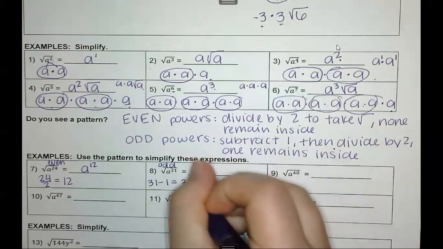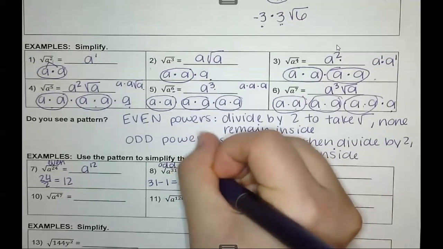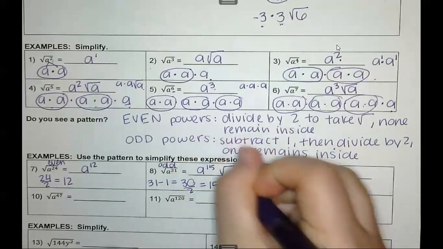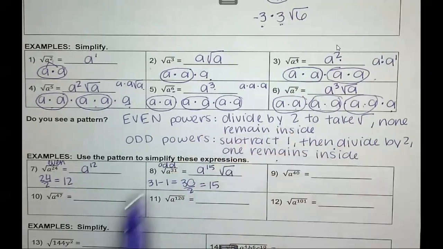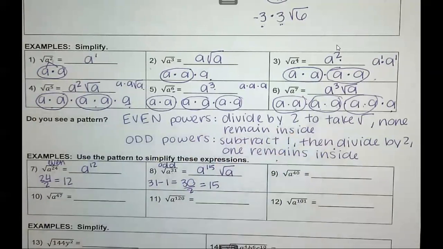So now I'm going to divide my answer by 2, and I get 15. So I'm going to have a to the 15th, but it also says we are going to have 1 a that remains inside the square root, just like we did on examples 2, 4, and 6 up here.